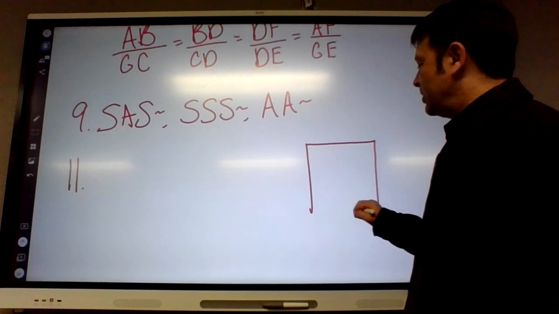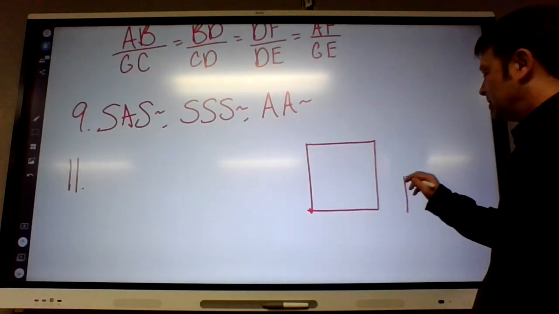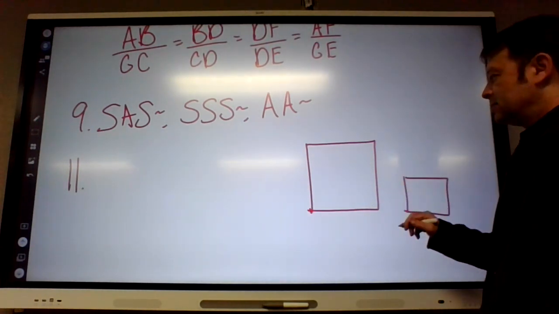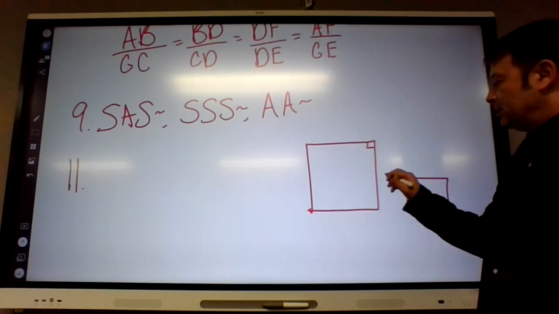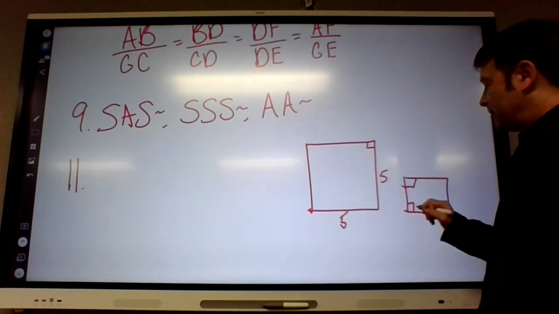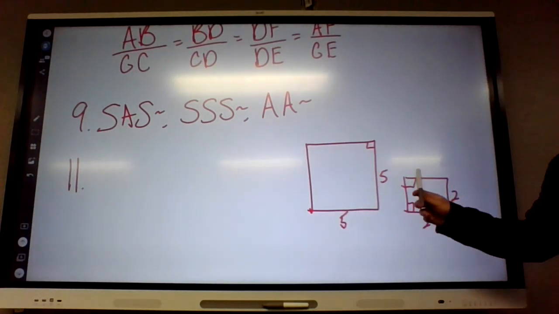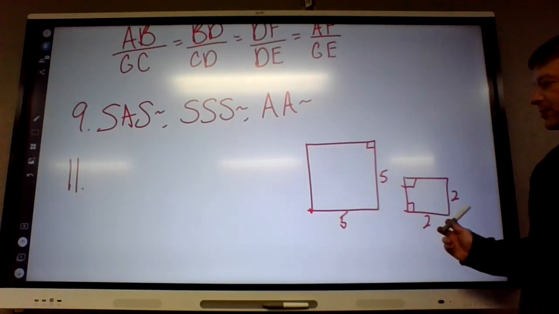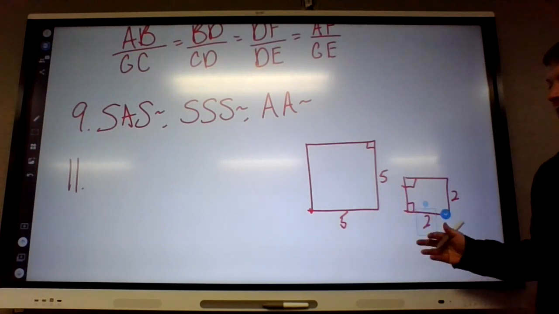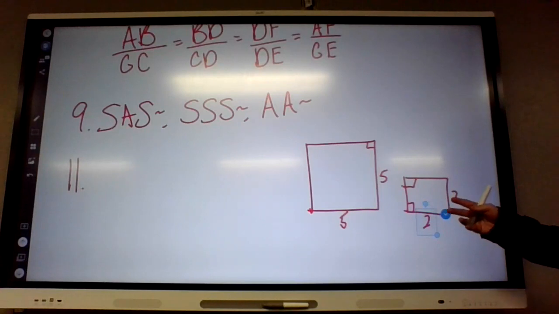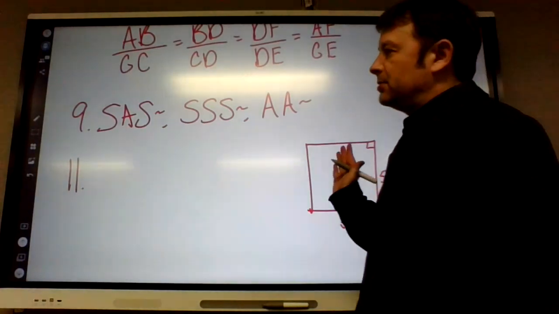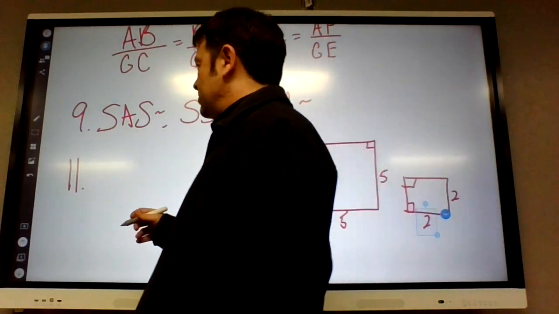Are all squares similar? Well, all the angles are going to be 90, right? And if the sides here were 5 and these were 2, are those sides proportional? Is 5 over 2 equal to 5 over 2? Yeah. So all squares are similar. All hexagons, all pentagons, if they're regular, yeah, they are similar.